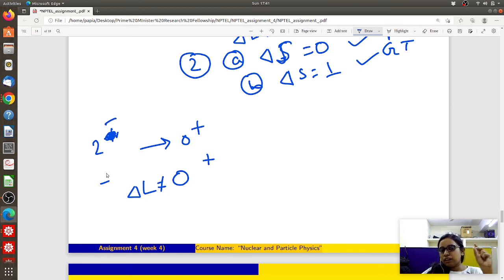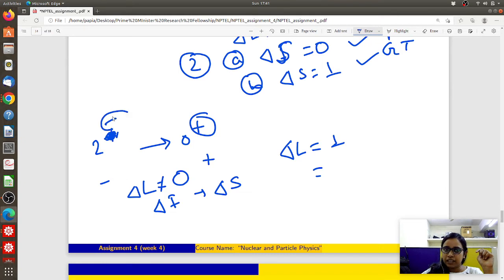Now coming to the delta I or delta S part. Here delta L equals 1. Why is it 1? Because there is plus and there is minus, so delta L equals 1. What will be the value of delta I?